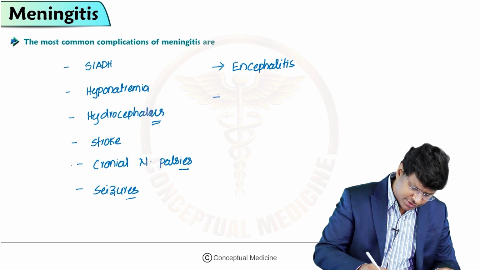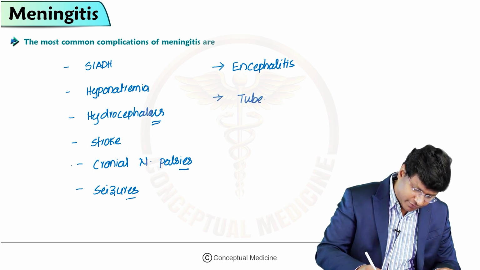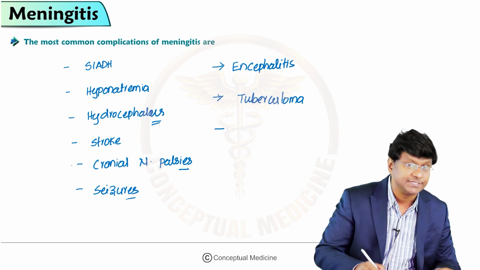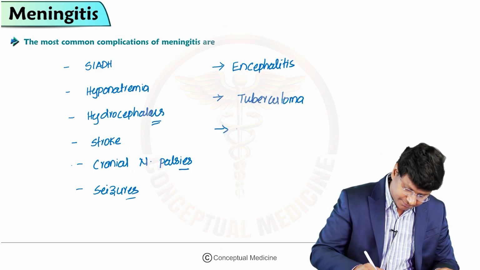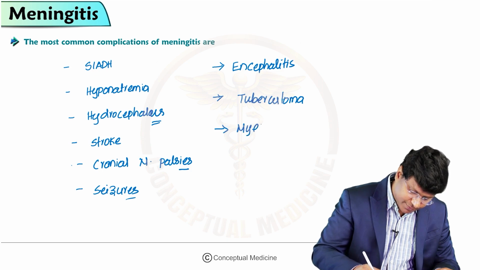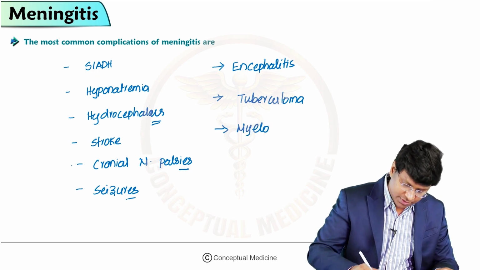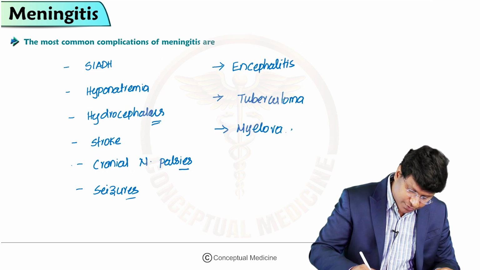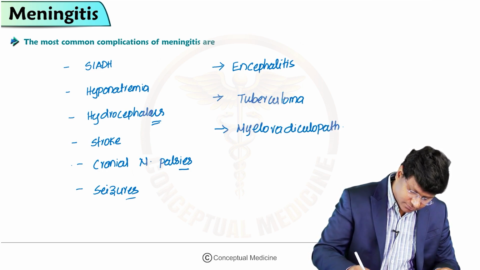And in tuberculosis, there can be development of tuberculoma, right? That is a CNS space occupying lesion, and the infection can spread to the spinal cord, that is myelo, and to the spinal roots, that is radiculopathy. Right?